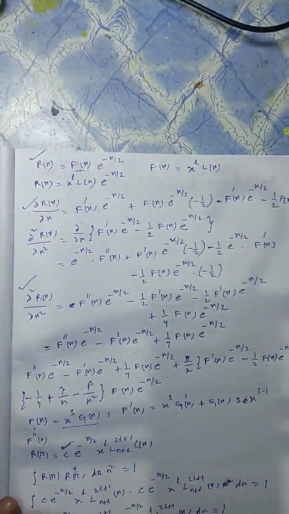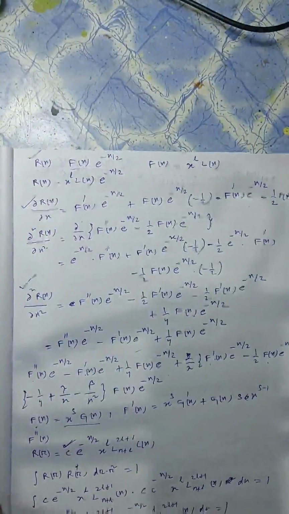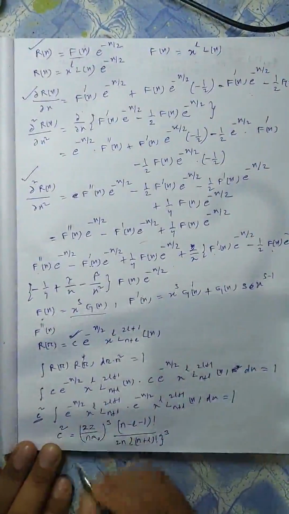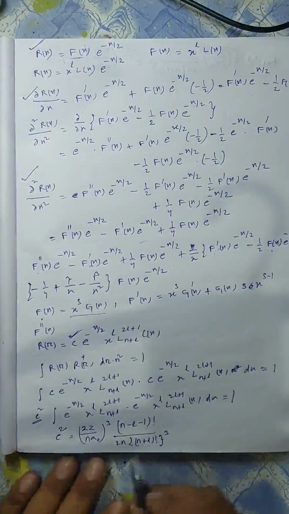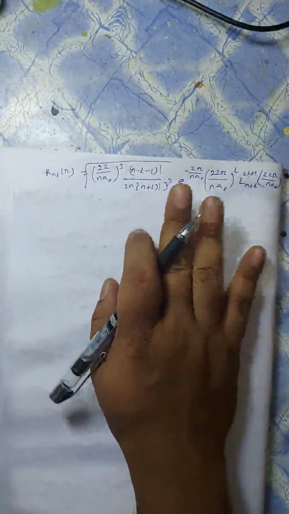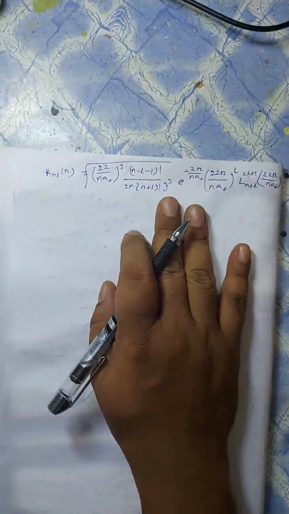In this case you escape all the derivations and remember this one. This is equal to C squared. So C is equal to your root over. You remember this one. Now substitute this C value in the R(r) equation. This is the solution of the radial wave equation.